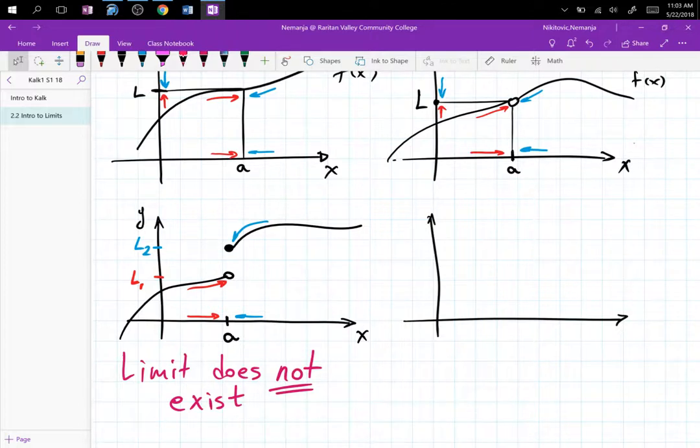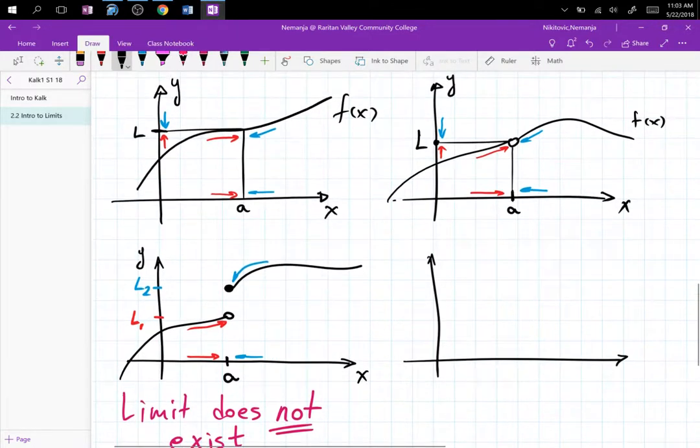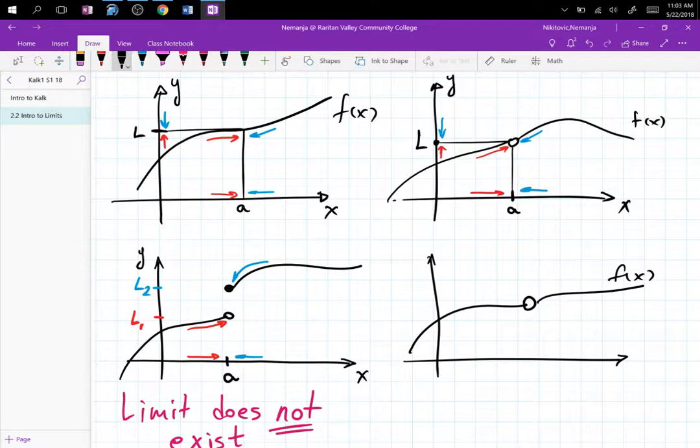And the third part, the fourth graph, is a combination of a variation of the second one. So we still have the same idea, but this time your value is dislocated. Okay, so you see the value is here.